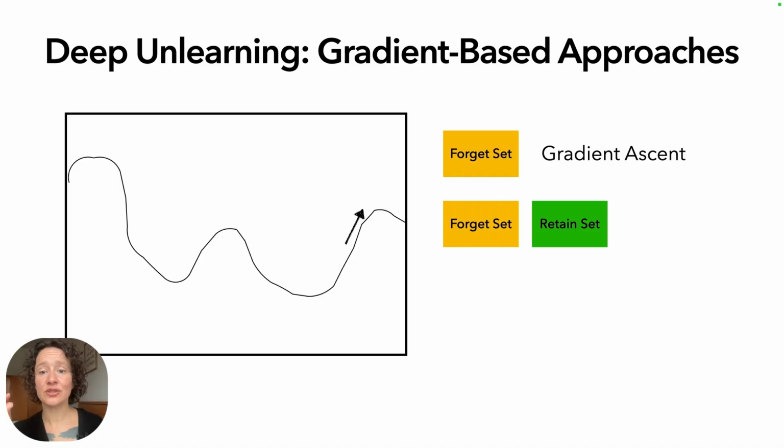So you have your forget set, your retain set, and something like a DPO setup. So what does that mean? Basically, you're going to try to find a balance between maximizing loss for the forget set and maximizing retention or minimizing loss for the retain set. And so you're going to either create some policy-based approach, which is what DPO uses with a policy model, or you can create essentially some sort of loss equation that takes both of these into account.